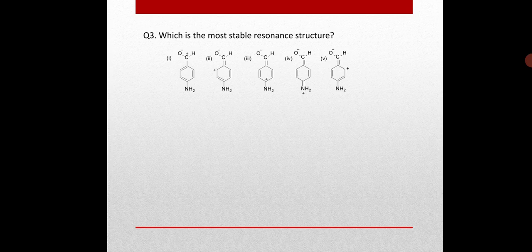Among all these structures, the first thing we need to consider is which one has the maximum covalent bonds. You see in structure 4, the number of covalent bonds is maximum. So structure 4 will be the most stable structure.